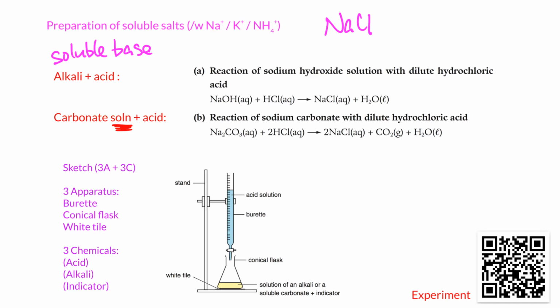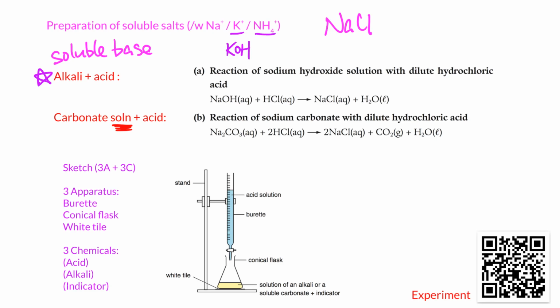In this case, if we also want to prepare sodium chloride, we can use sodium carbonate mixed with acid to give sodium chloride, carbon dioxide, and water. But I strongly recommend you to use the above equation. For example, for K, we use potassium hydroxide mixed with hydrochloric acid.